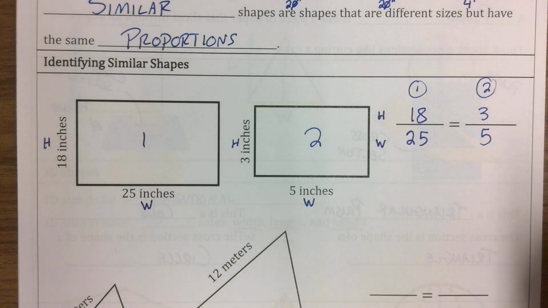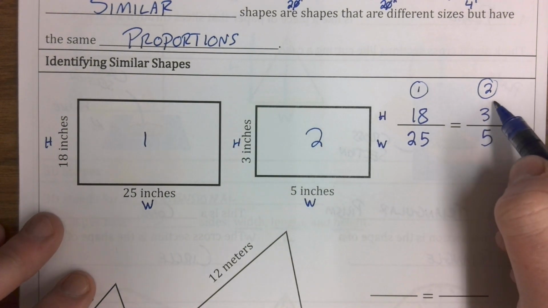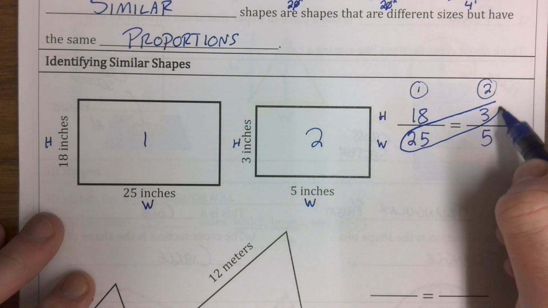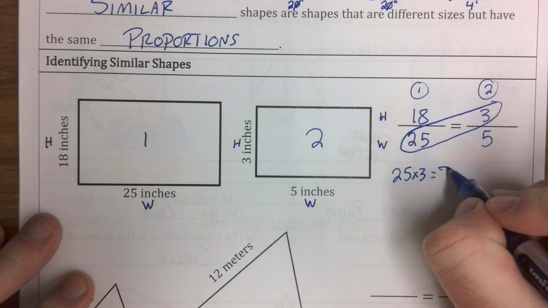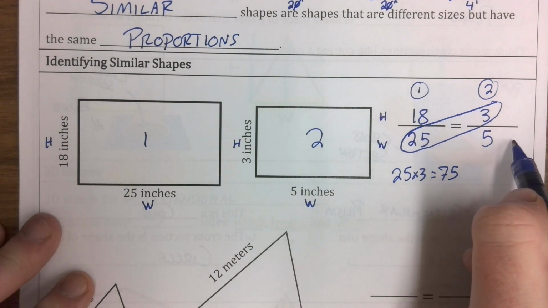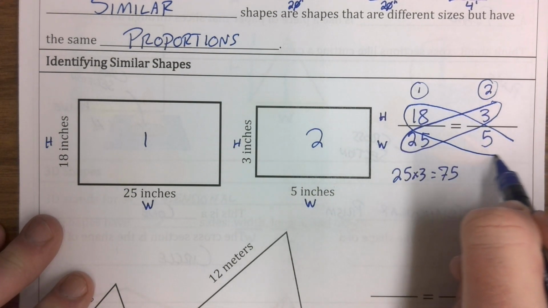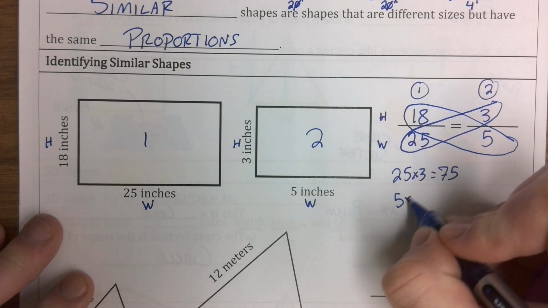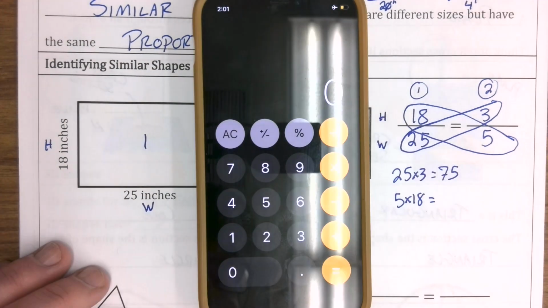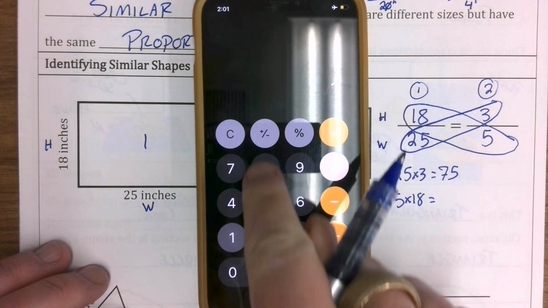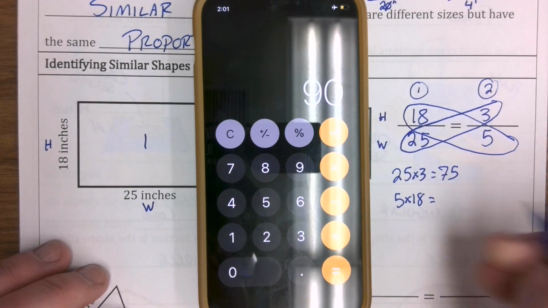Now what we're going to do is cross multiply. I'm going to multiply my opposite numbers. 25 times 3 is going to give me 75. And I'm going to do 5 times 18. Plug in my handy dandy calculator here. 5 times 18, 90.